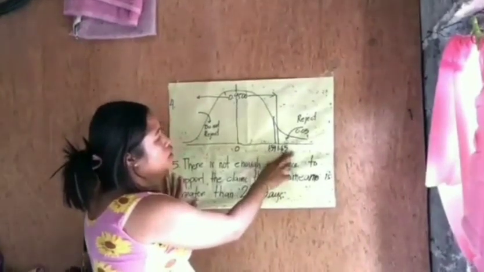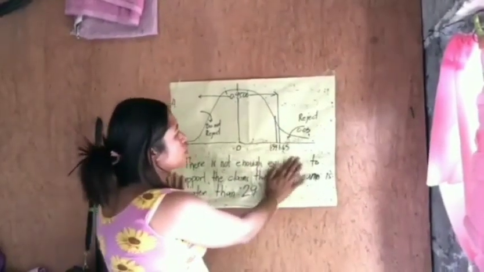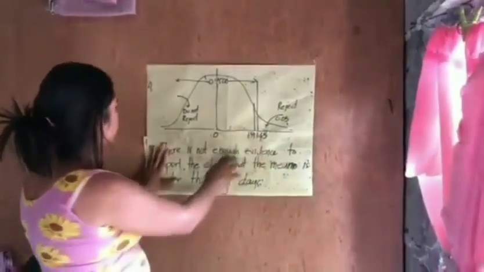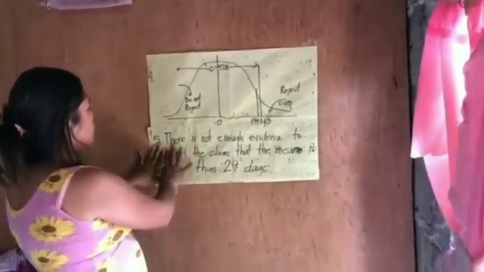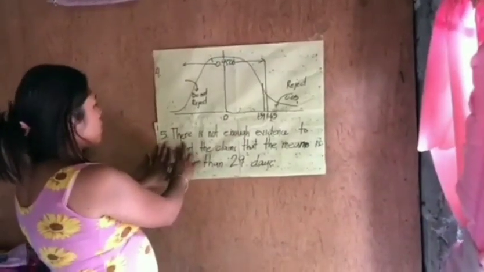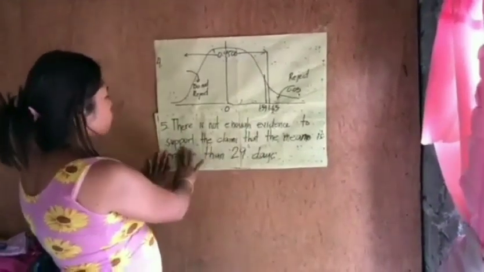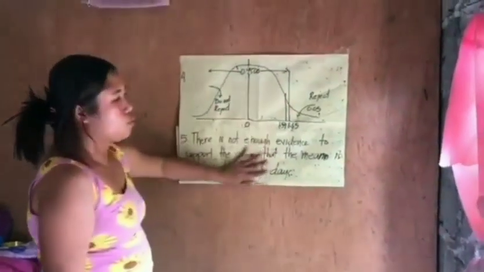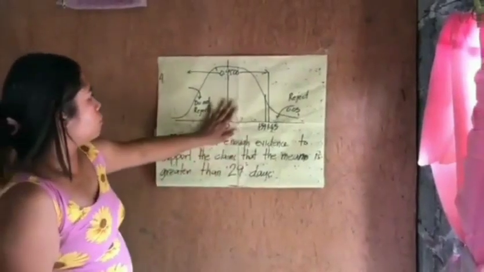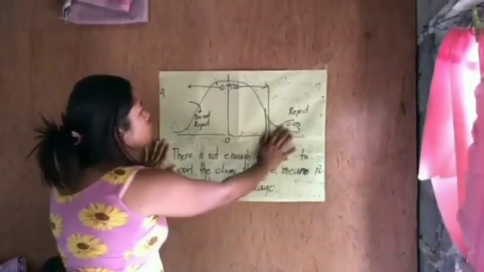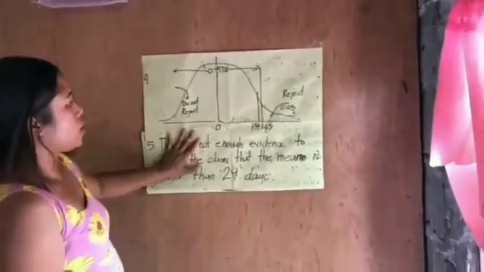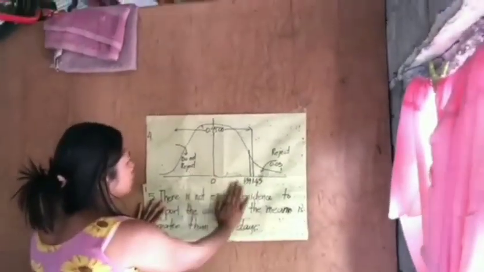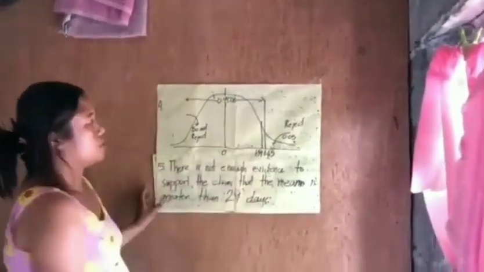So our claim is not rejected. Number 5 is to summarize. There is not enough evidence to support the claim that the mean is greater than 29.